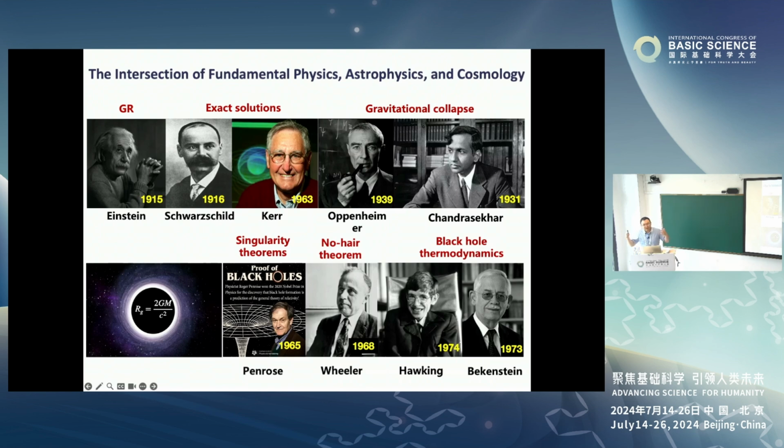There are many theoretical developments about black holes, and indeed black holes are the intersection of fundamental physics, astrophysics, and cosmology. There are many breakthroughs by famous scientists like Einstein, Schwarzschild, Oppenheimer, and Chandrasekhar, and so on.